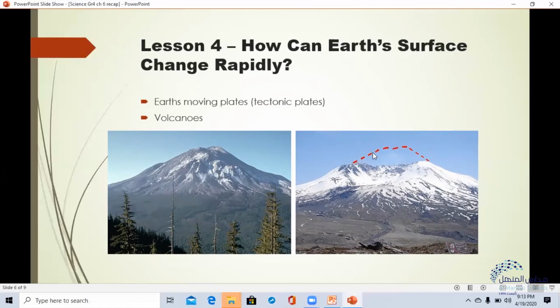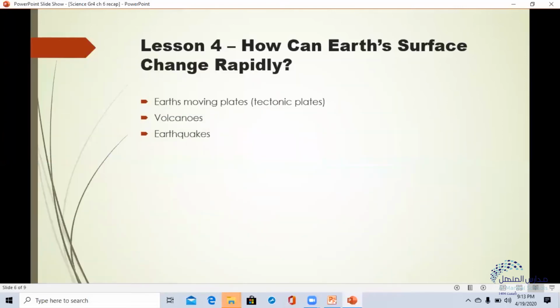We can see that it rapidly changed due to the lines that are drawn up here, and it just blew everything away. The volcanoes can deposit ash and rock all over the surrounding areas, which means it suffocates or it can change the surface of the Earth very rapidly.